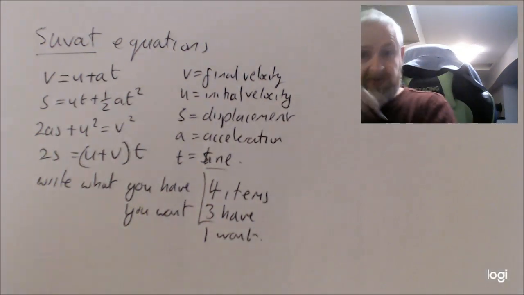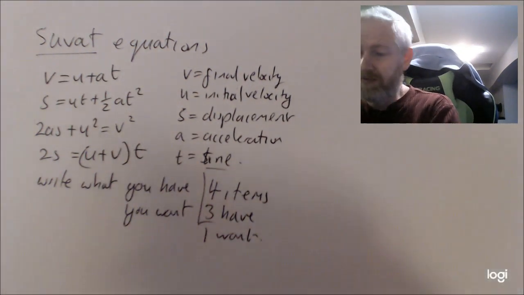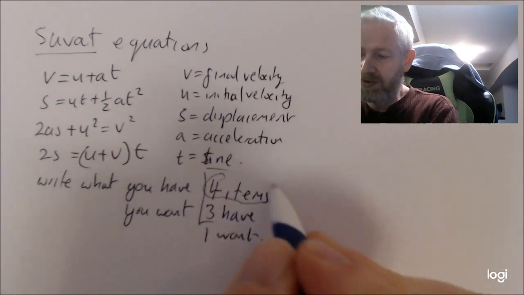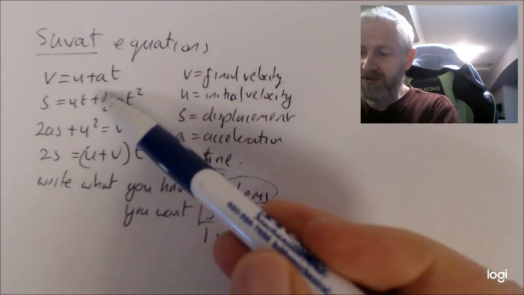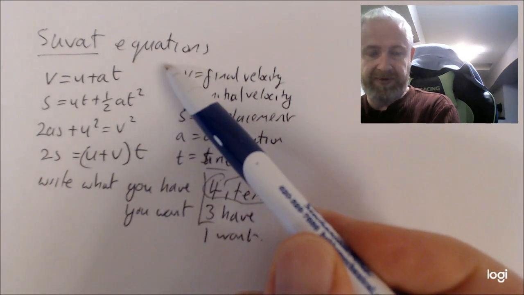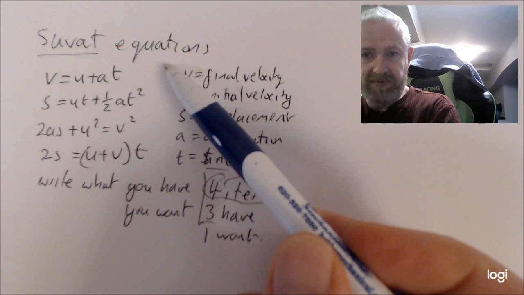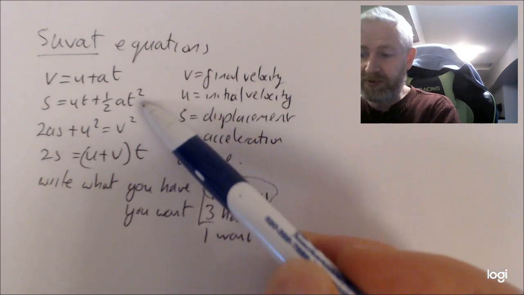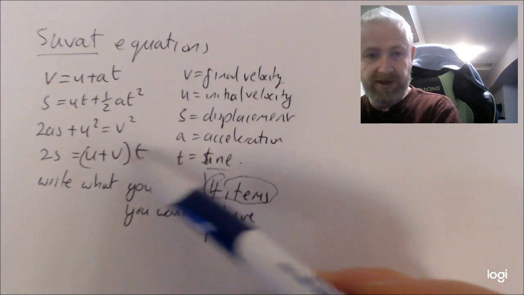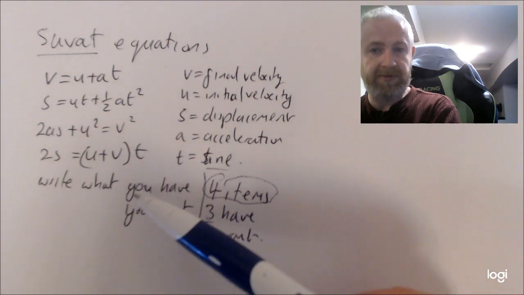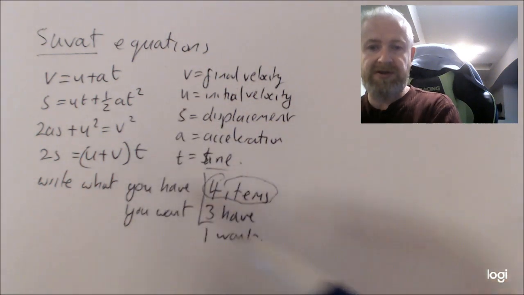And then it's simply just a case of picking the one that has the 4 items. So if you want acceleration and you've got initial velocity, final velocity and time, it's this one. If you want displacement and you've got initial velocity and final velocity and time, then this wouldn't do it. You're down here. 2 times the displacement equals initial velocity plus final velocity multiplied by time. So you then do it that way round.